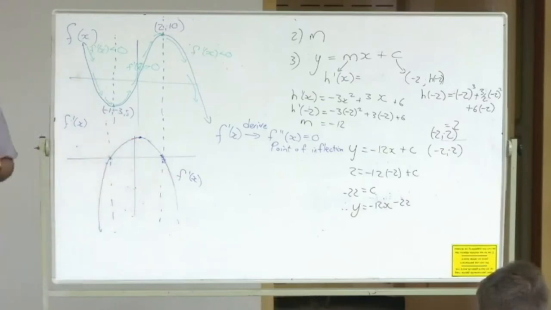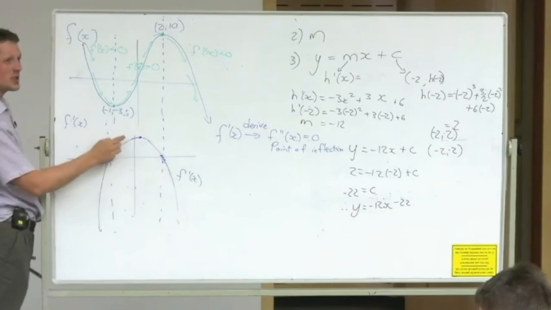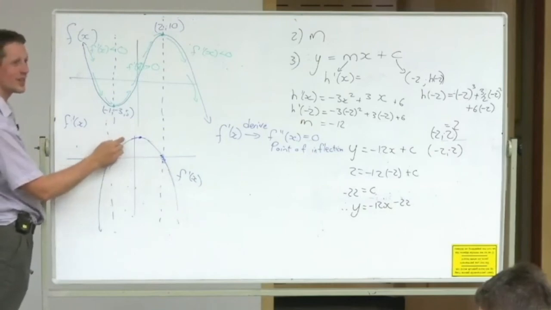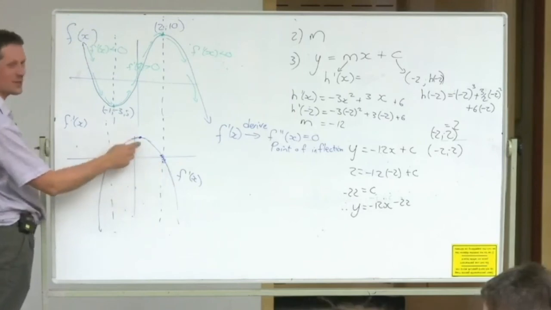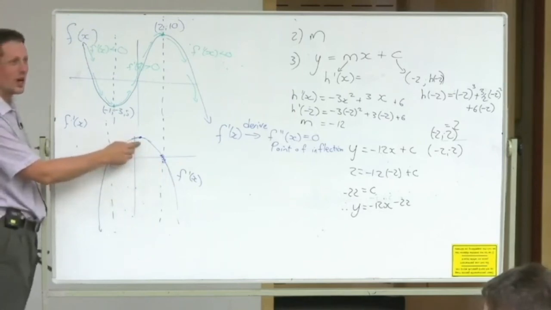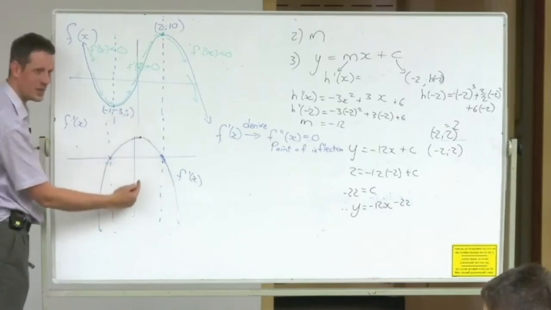Ladies and gents, listen carefully, what graph it is. It's a quadratic, right? If I've got the two x-intercepts, how do I get the turning point? I just get the point exactly in the middle of this.